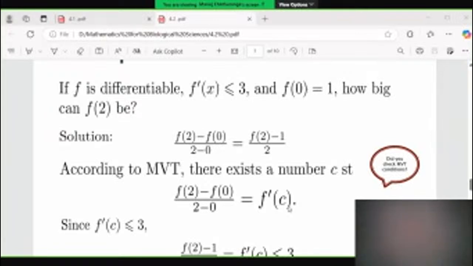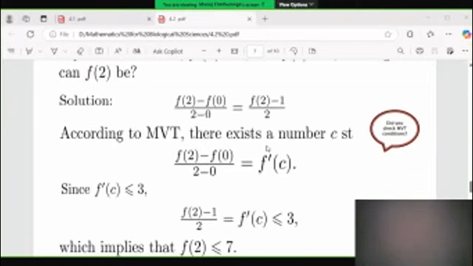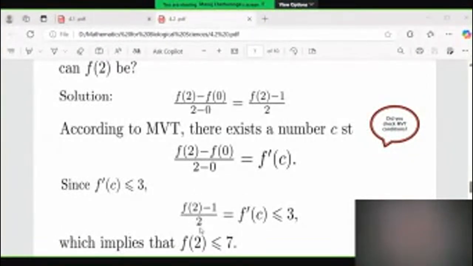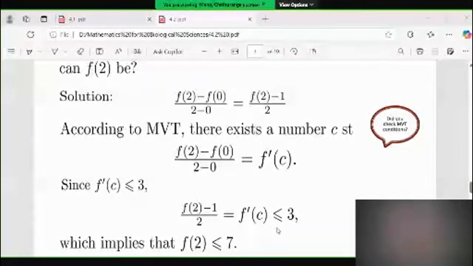Again, we don't know the exact value of this derivative, but we know it is at most 3. It is less than or equal to 3. So this ratio must be less than or equal to 3. So f of 2 minus 1 divided by 2 is less than or equal to 3. Now solve this inequality for f of 2.